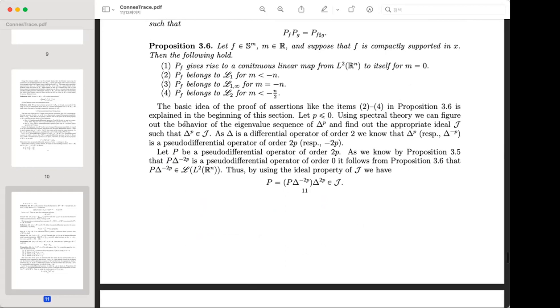As we know that the Laplacian to the P belongs to, let's assume, a certain nice ideal, and it's a pseudo-differential operator of order 2P, then, as this belongs to the ideal J and this belongs to the space of bounded linear operators, by the ideal property of J, we can say that the multiplication operator, namely P, belongs to the same ideal.